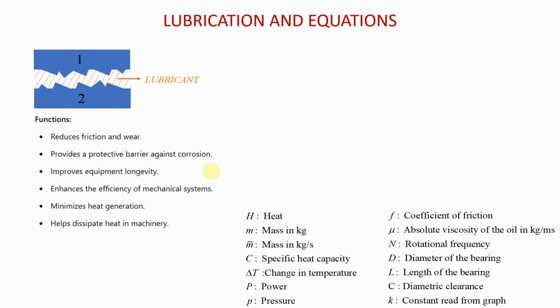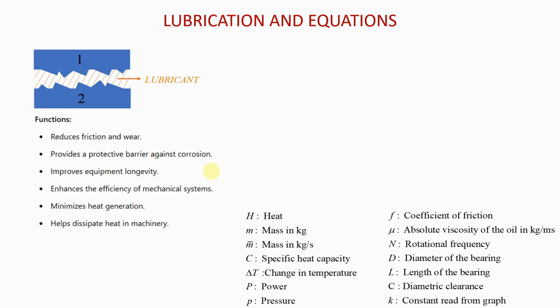That is easy to understand, because if you can reduce the amount of friction, of course you will increase the efficiency of the system, okay? And finally, the last 2 functions of the lubricant are that they, first of all, minimize the heat that is generated between the 2 objects that are rubbing against each other. And besides minimizing the heat, they also help to dissipate that heat, okay?